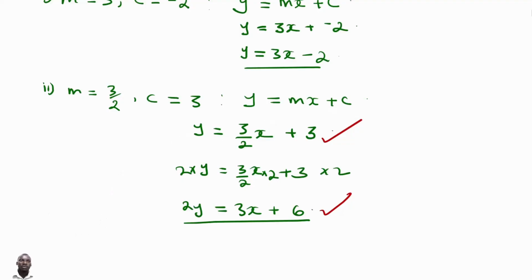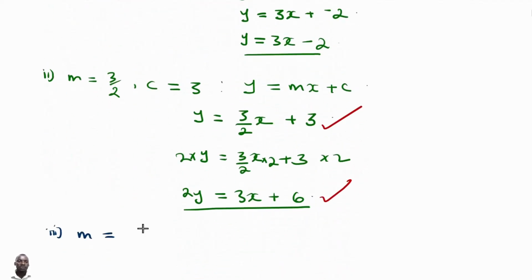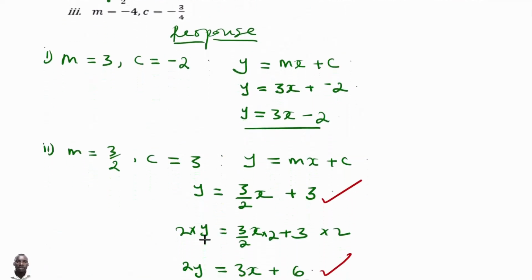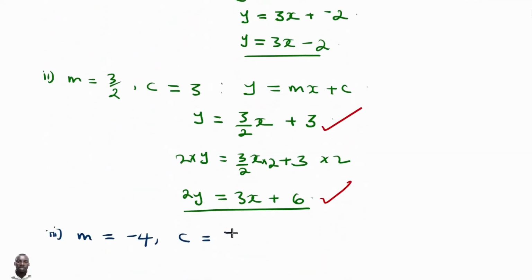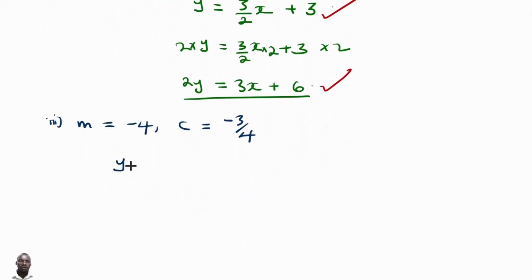Let us have Roman numeral 3. Our m is given as -4, whereas our c, the y-intercept, is given as -3 over 4. Still substituting into the general form y equals mx plus c, we have y equals -4 multiplied by x, plus -3 over 4.